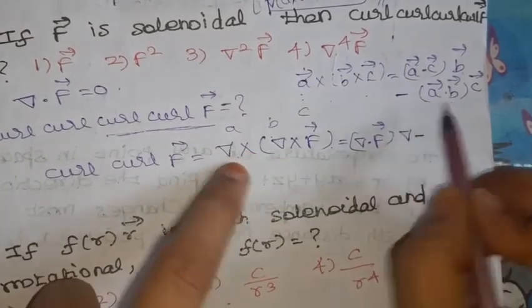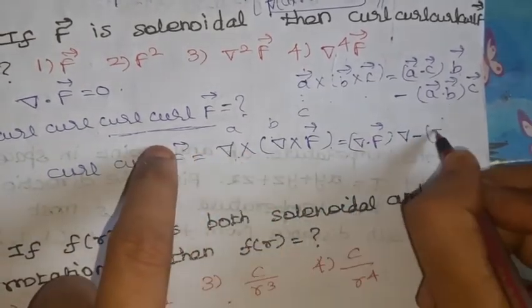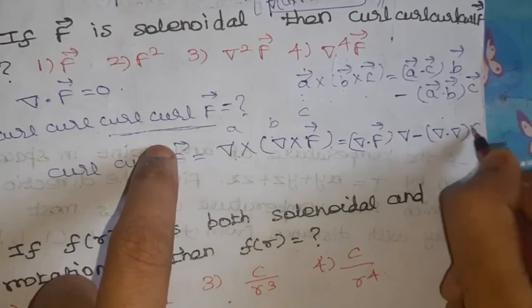Minus A dot B, del dot del, into C, which is the F vector.